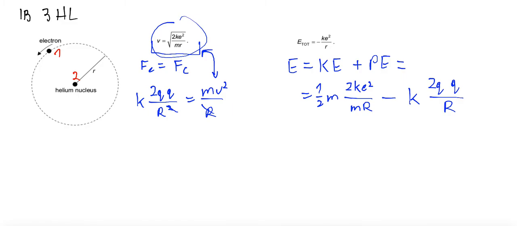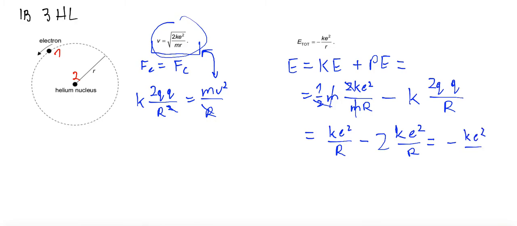So finally you can cross out m, you can cross out 2, and you have ke squared over r, and here we have minus 2k. q is the same as e, so e squared over r, so finally it is minus ke squared over r.